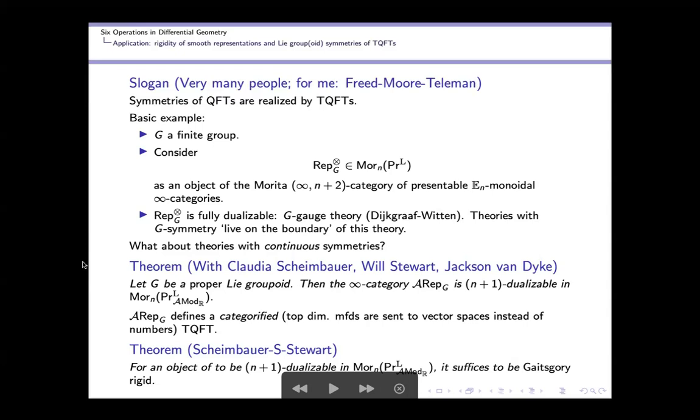And with this formalism, you can show that these categories of G representations that I just constructed for you actually have these strong dualizability properties. That just follows from the geometry of these classifying stacks.